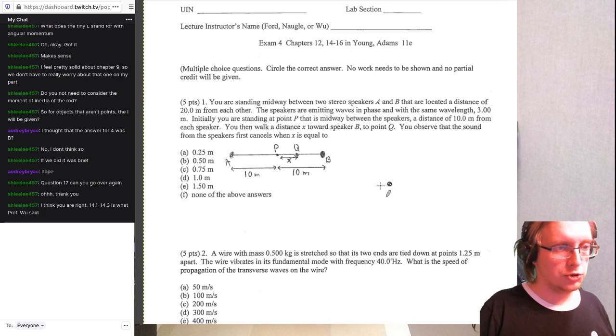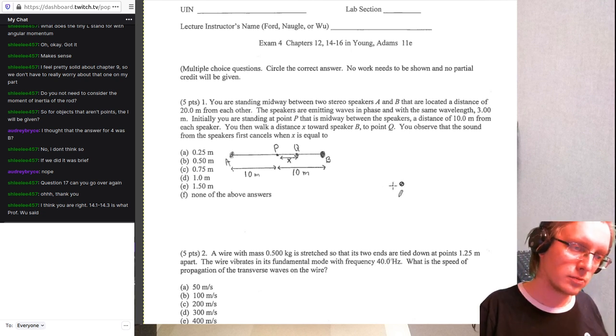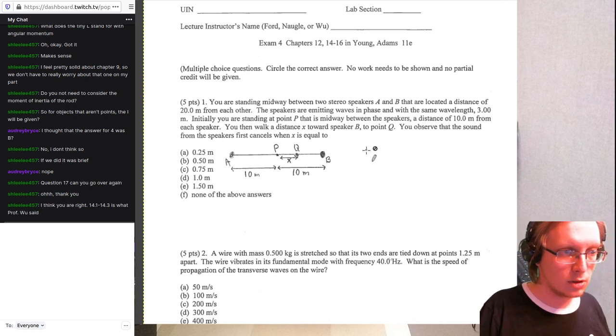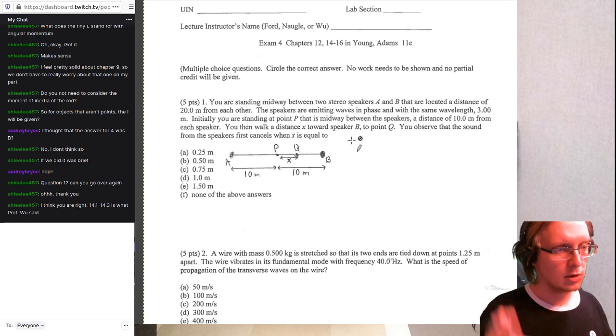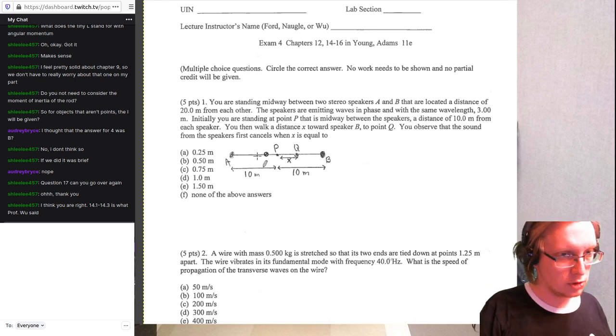Okay, 3 meters, right? So they're in phase.